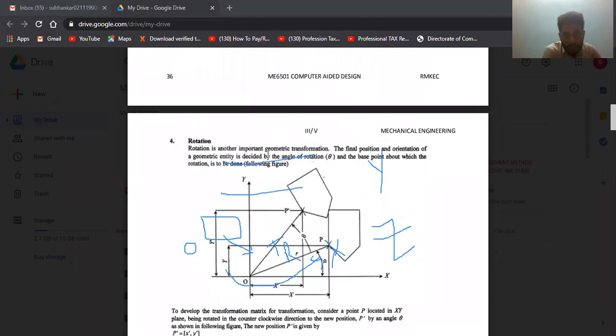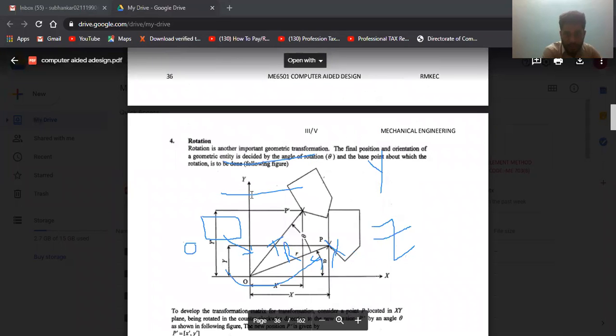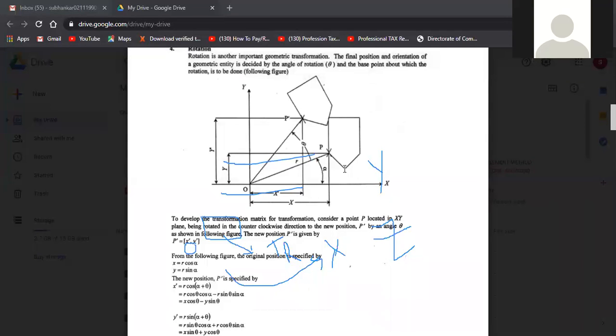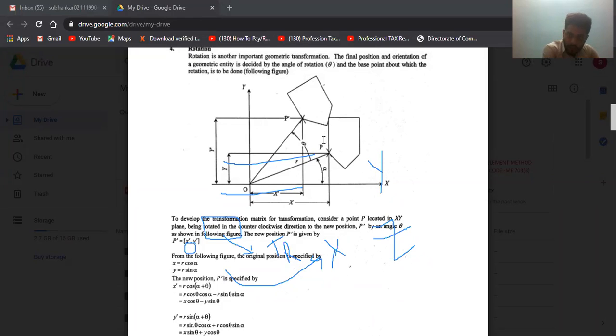This is a 2D transformation. I'm not talking about 3D transformation. You have a 2D plane, X plane, Y plane. In this XY plane, you have a 2D object. These are coordinate points, say x1, y1, x2, y2, x3, y3, x4, y4, x5, y5.